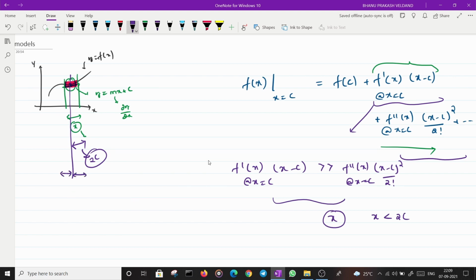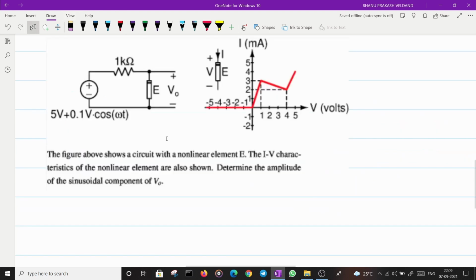Now let's try to solve one circuit with graphical approach of calculating operating points. So in this circuit, whose IV characteristics are like this, it has different resistances at different points. In fact, this is a negative resistance because as voltage is increasing, there is a decrease in current.